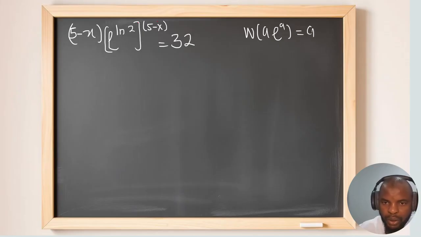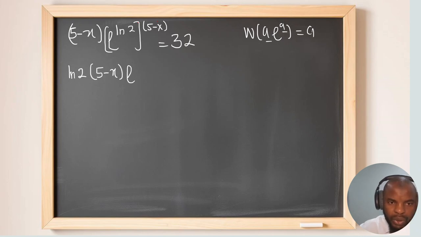So we make sure these and these are the same. Now to do that, let's multiply both sides by ln 2. So multiplying by natural log of 2, here I'm going to have 5 minus x. So this can be written as exponent ln 2 times 5 minus x. So the right-hand side will also be multiplied by the natural log of 2.